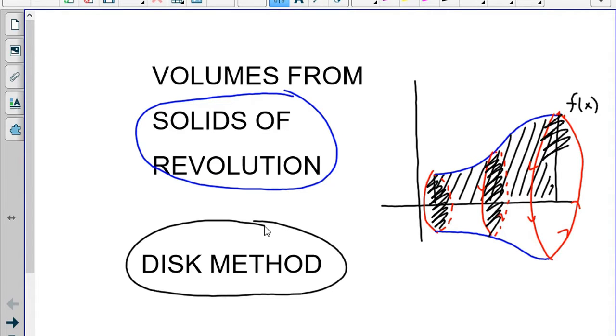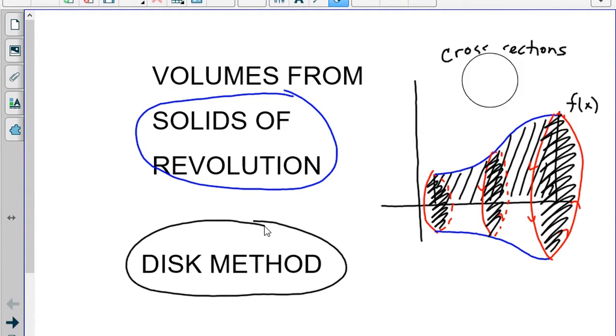And what happens when we slice our figure perpendicular to the axis of rotation is we find out that all of our cross sections are circles. These cross sections are circles, which means they have a radius.